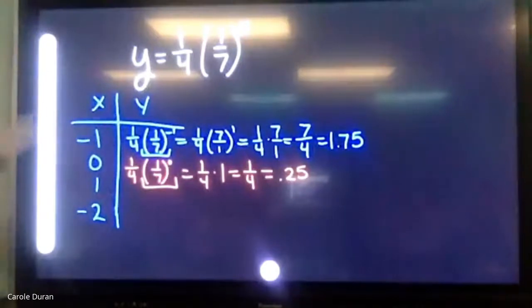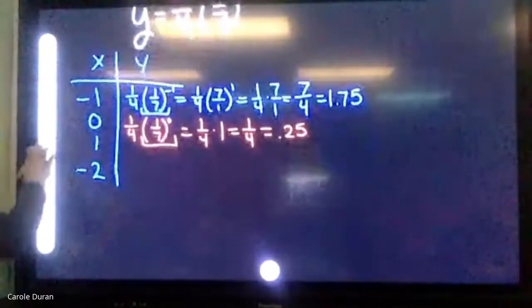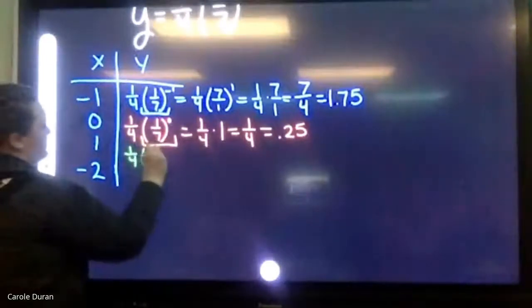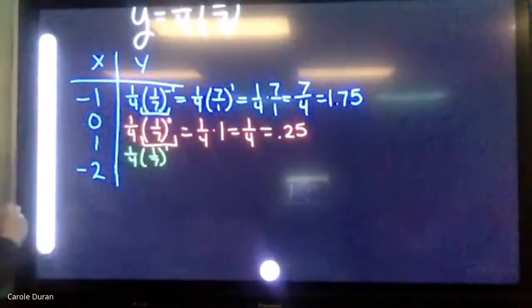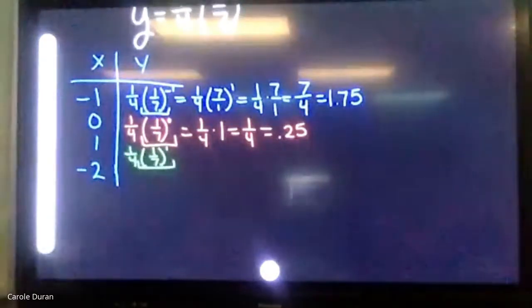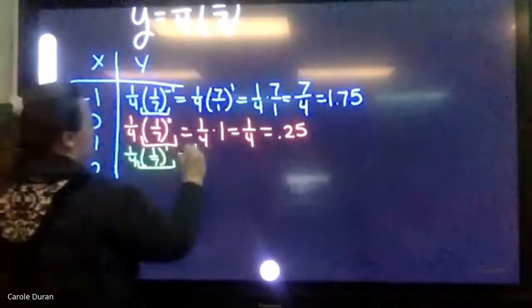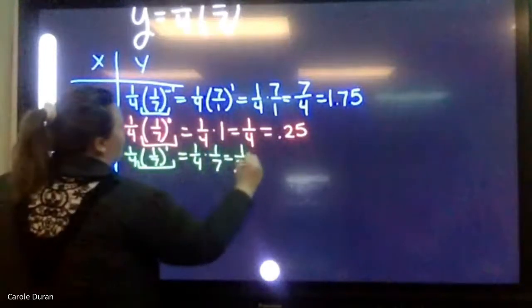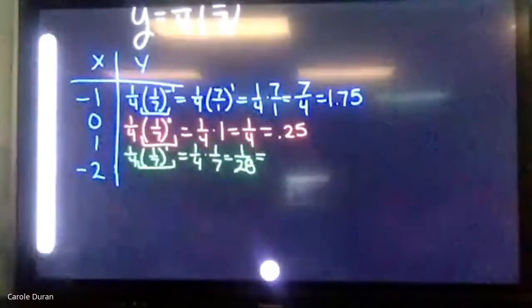Let's do the same thing with the exponent 1. So I'm going to get 1/4 times 1/7 to the first power. We do the base to the exponent first. What is 1/7 to the 1 power? 1/7. So I get 1/4 times 1/7, which becomes 1/28, and we could write that as a decimal as well because it's going to be very small.